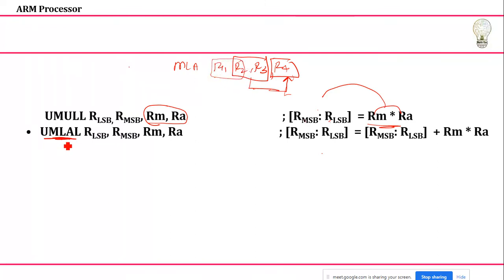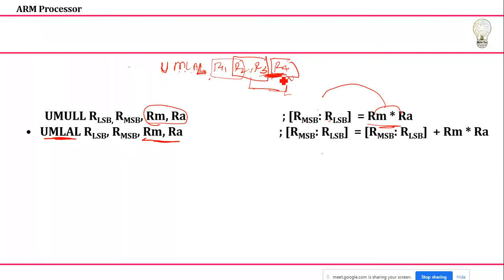When it comes to MLAL, MLA with another L, long means it is used for unsigned or signed. So the complete operation will change. It is not just like the previous case. Remember, it will multiply the last two registers, these two, not these two.